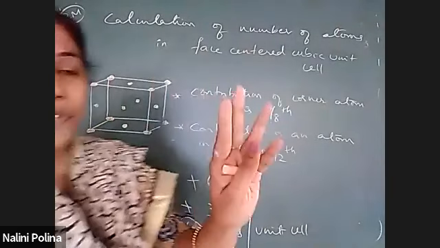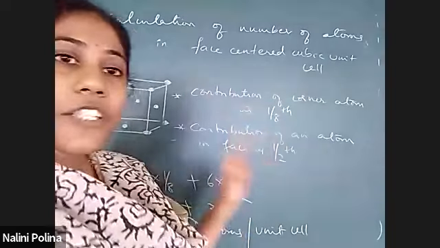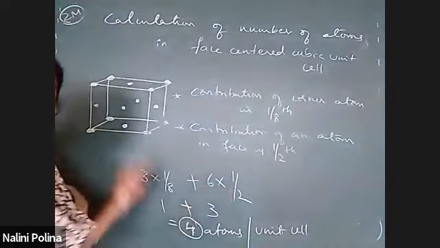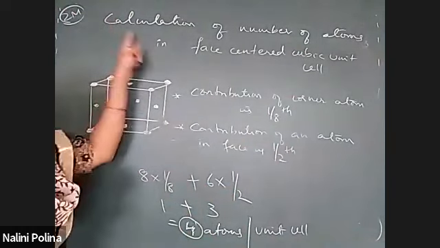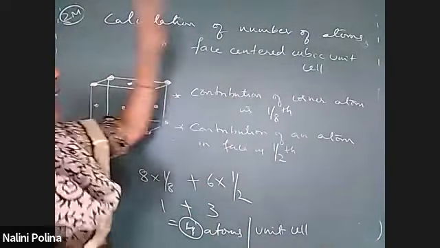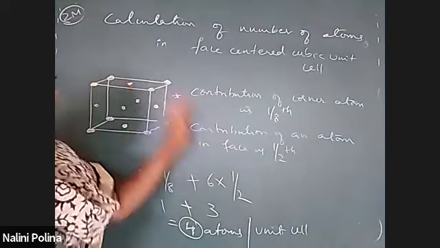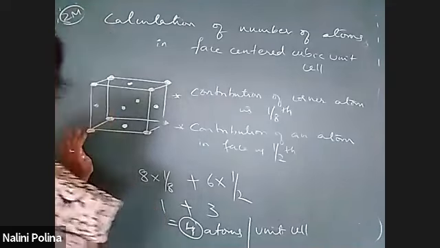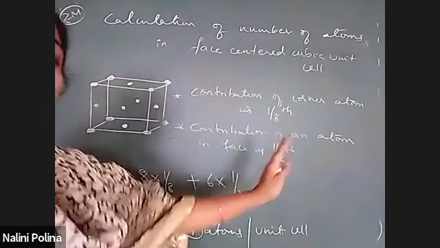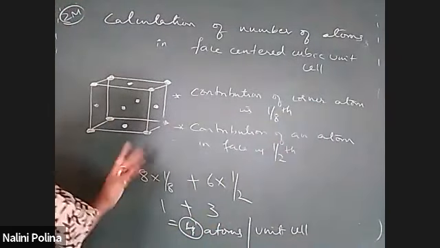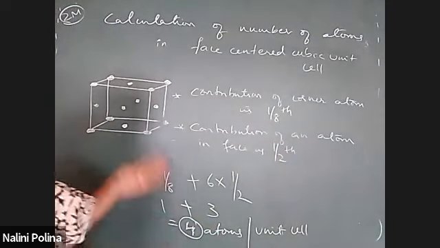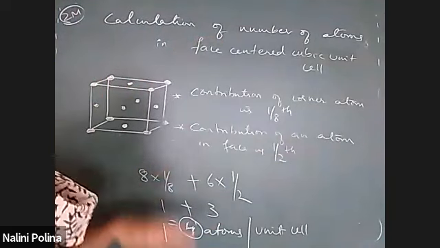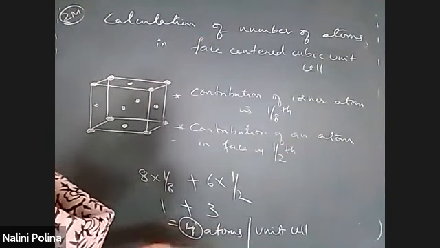3 calculations we have done: calculation of atoms in simple cubic, in body centered, and in face centered. These three calculations are very simple, right? It can be asked for 2 marks. And this concept is important for further concepts. So definitely you have to understand, rather than just memorizing these numbers for different unit cells. You must know why that number has come and how it has come.